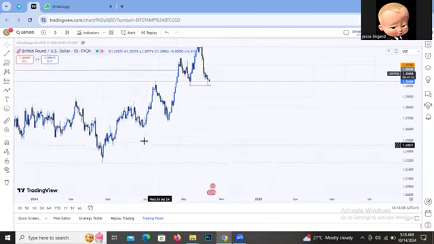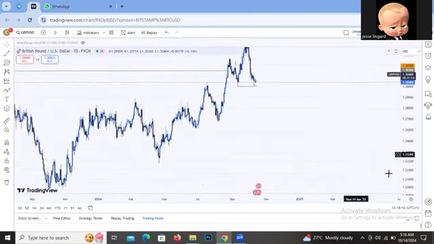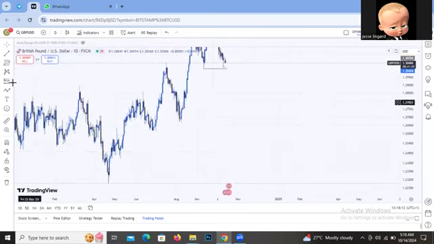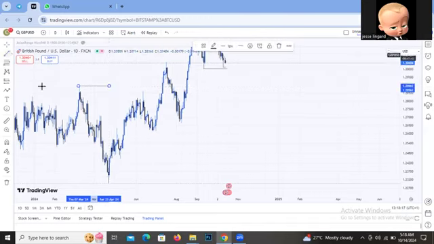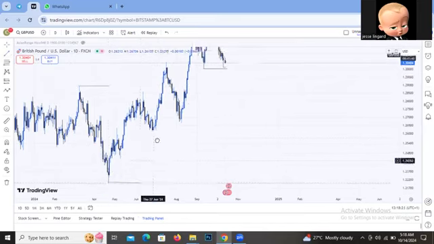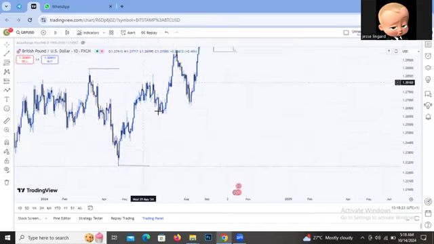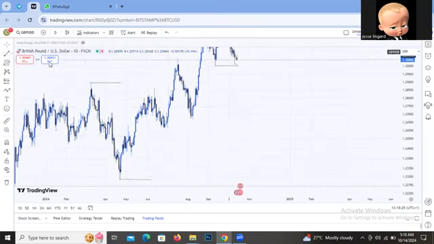Now, let's say we have this high. This is the external high, and we have this external low. So this is an open market, and you have this high here and this low.